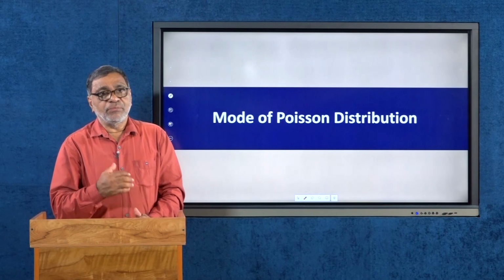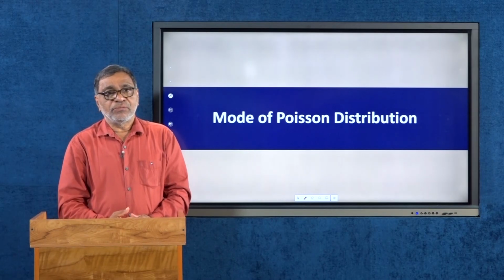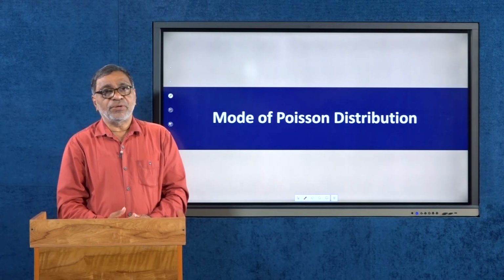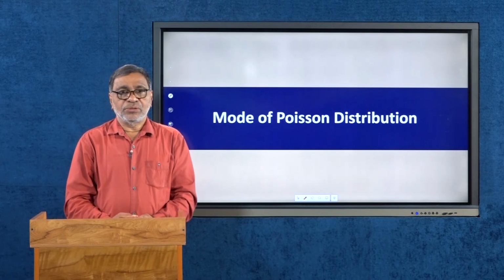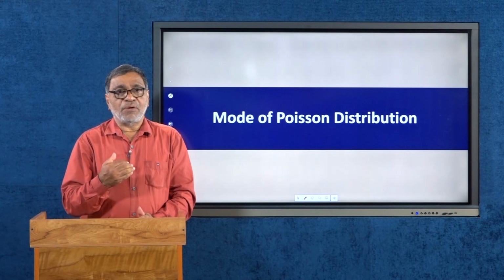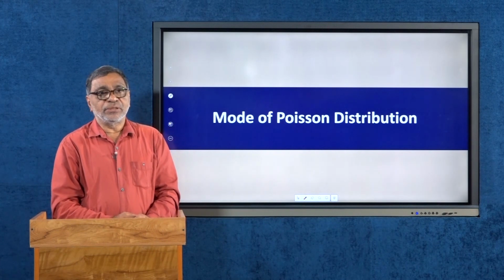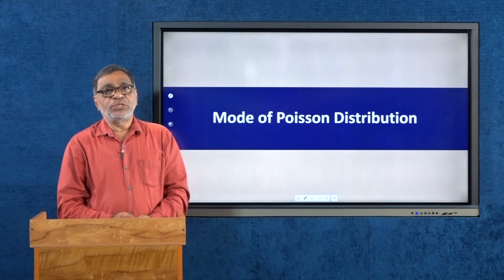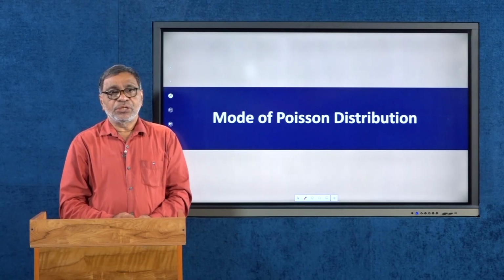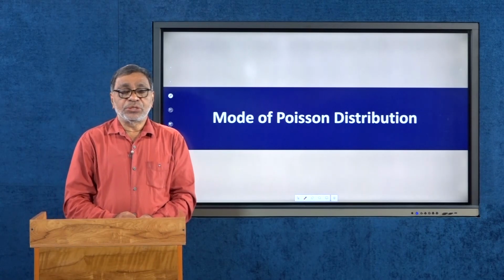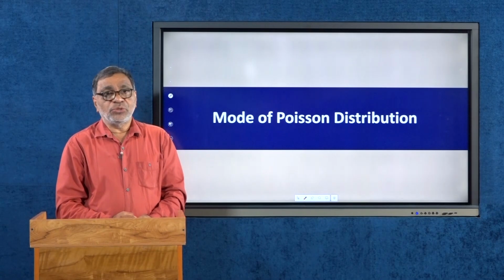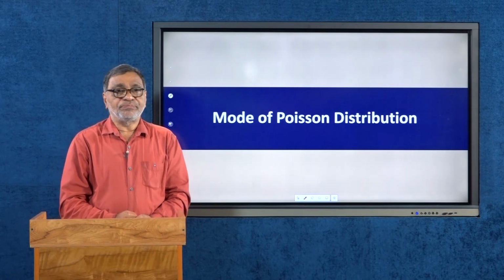After getting the moment generating function, we discussed how we can find arbitrary moments of the distribution. And after getting the cumulant generating function, we derived the cumulants of the Poisson distribution, and we obtained that all cumulants of the Poisson distribution are equal and equal to its parameter value.